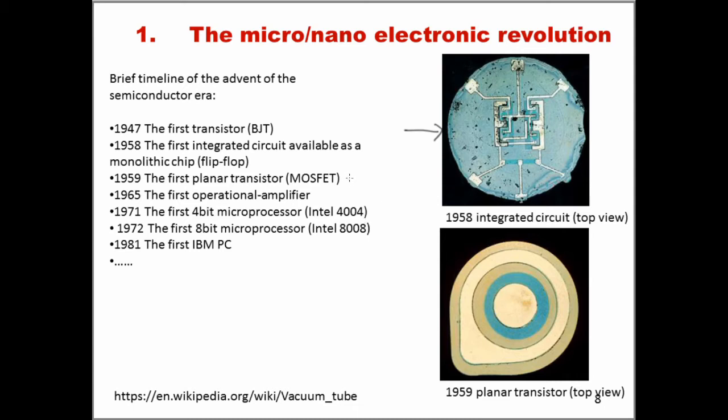So this is a completely new concept, the MOSFET transistor, and that's basically what we will discuss later on in this course. And in 1965 the first operational amplifier, and then in 1971 the first microprocessor, and so on and so forth. And then it's a story that more or less we know how it goes.